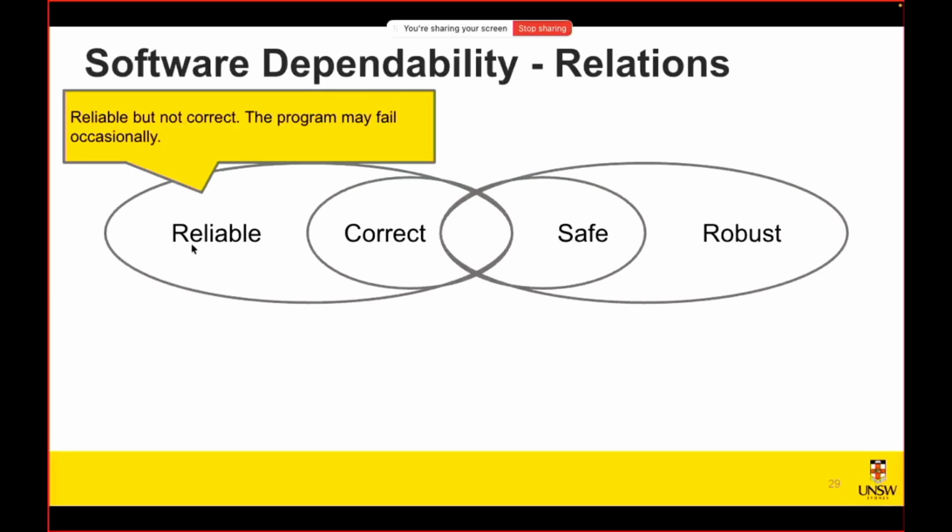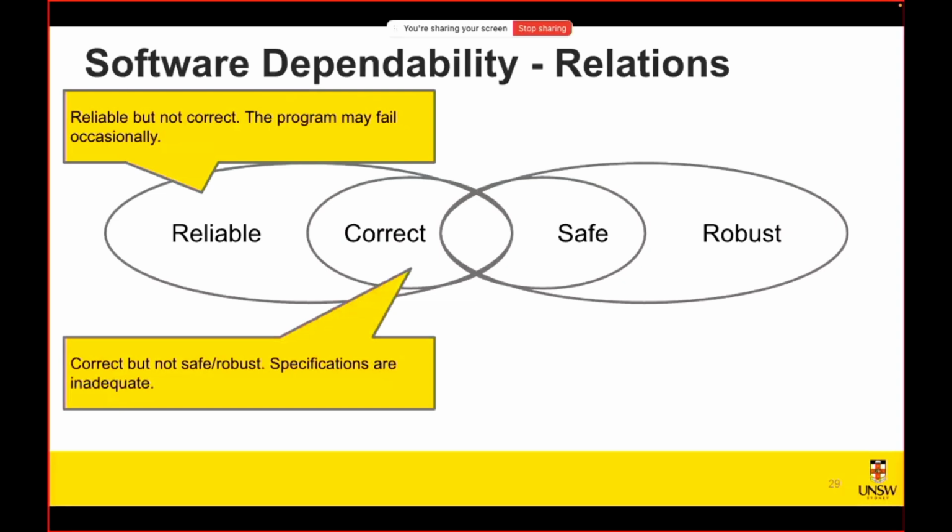This is why the reliable circle is larger than the correct one. So there could be some pieces of software which are reliable but not correct. This means that the software is not always correct. It may fail sometimes. So that's the meaning here.